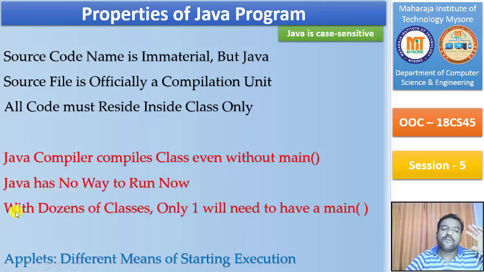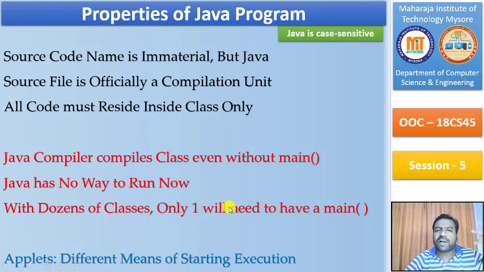Hence, if your Java program contains dozens of classes, that is, n number of classes, only one class needs to have a main function. Make sure only one class out of these has the main function. It's not at least one class, exactly one class should have the main function.